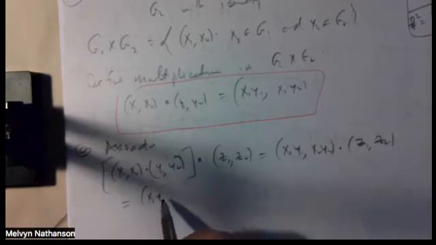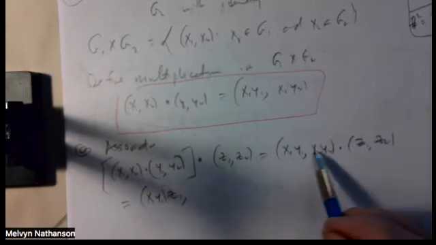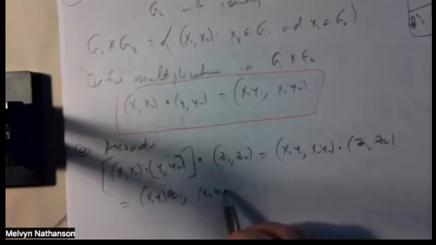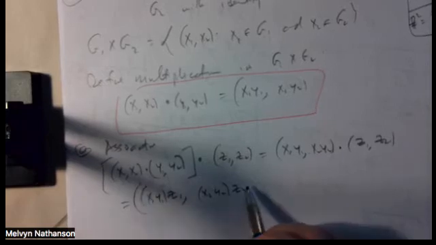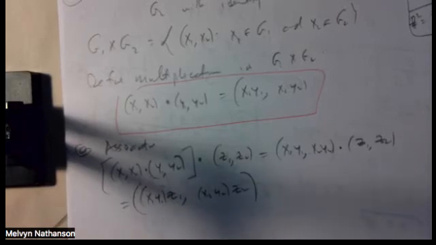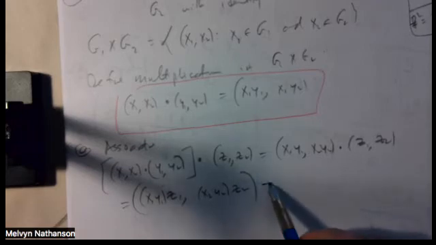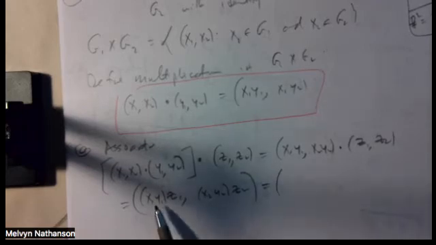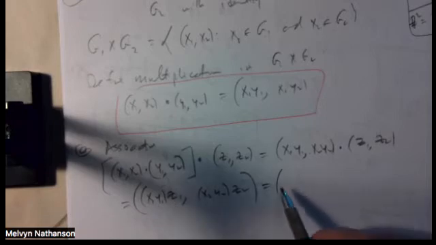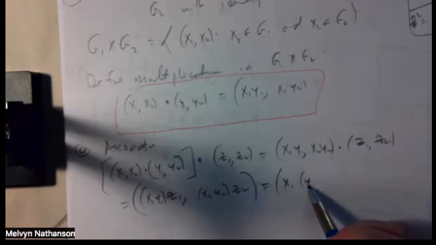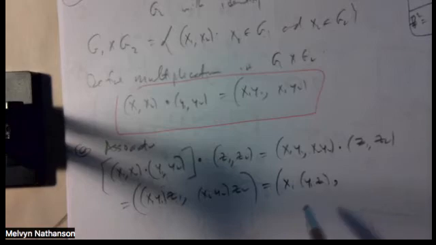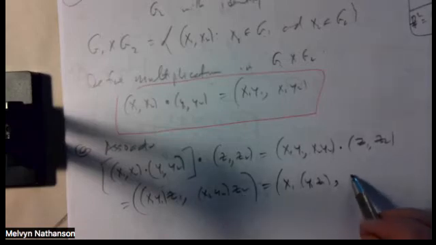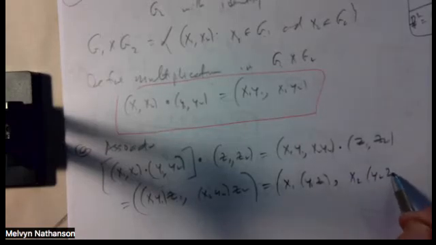This is (x1 y1 z1, x2 y2 z2), an ordered pair. But G1 is a group. So in G1, (x1 y1) z1 is the same as x1 (y1 z1). And G2 is a group, so (x2 y2) z2 is the same as x2 (y2 z2).